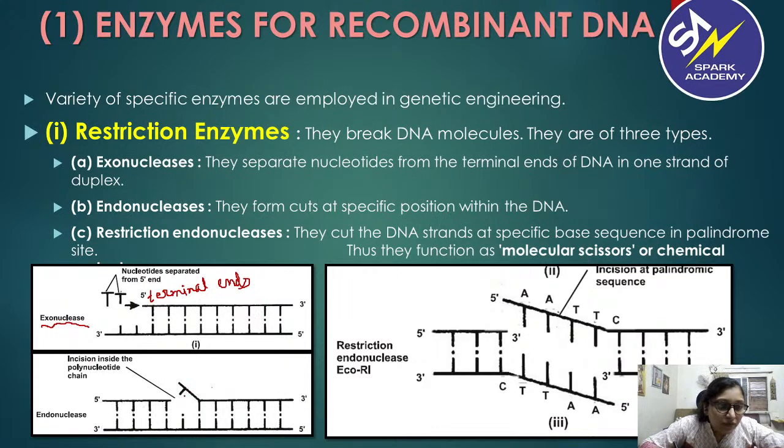Endonuclease cuts from the inside. Okay, they form cuts at a specific position within the DNA. So inside. And restriction endonuclease cuts the DNA strand at a specific base sequence in a palindromic sequence site, thus functioning as molecular scissors. One is doing the activity of scissors, and the next enzyme will be gluing, which will have the activity of glue.